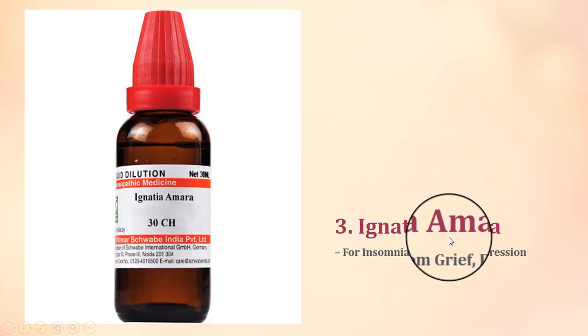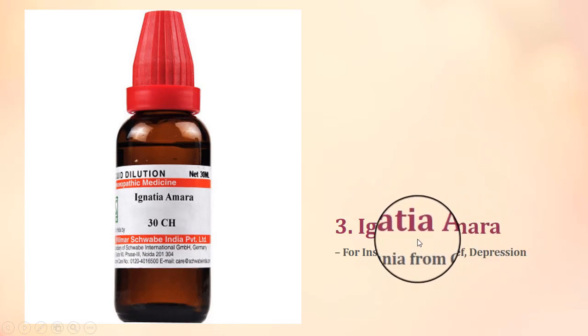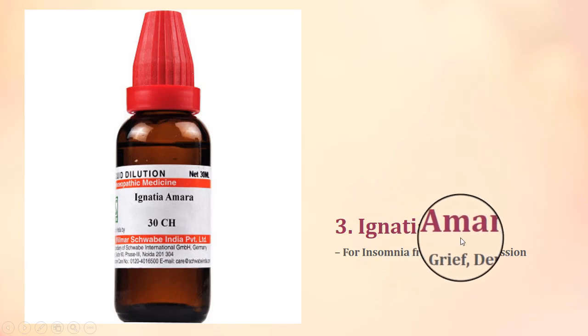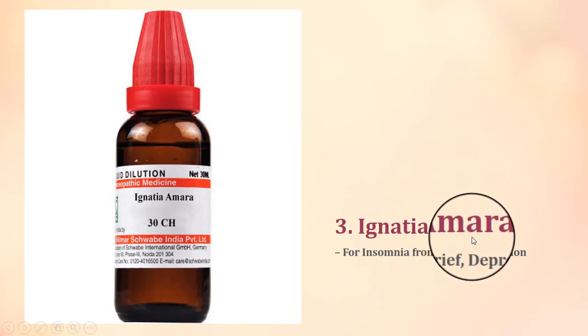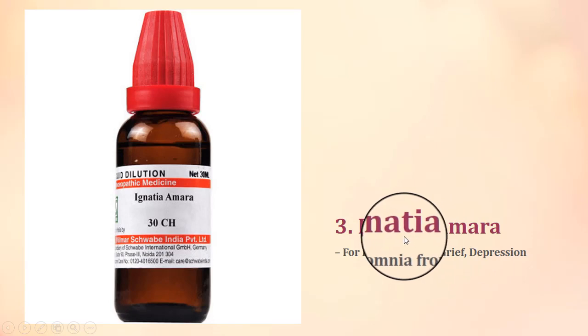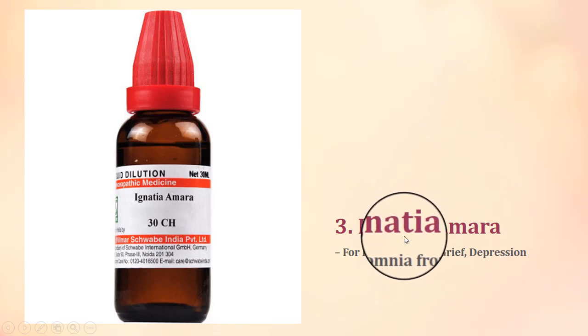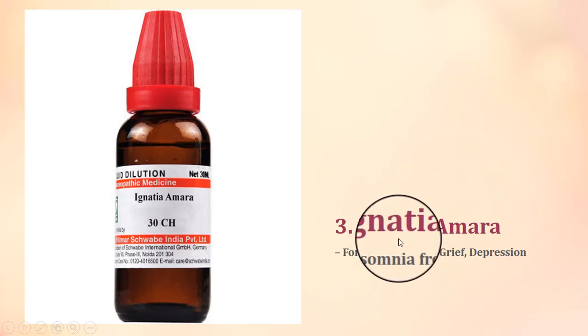Now we will discuss the key indications for using Ignatia amara for insomnia. It is a medicine for insomnia arising from grief and depression. The person needing Ignatia amara is depressed and full of tears, care, and worries. He or she may get entirely absorbed in profound grief that leads to sleeplessness.